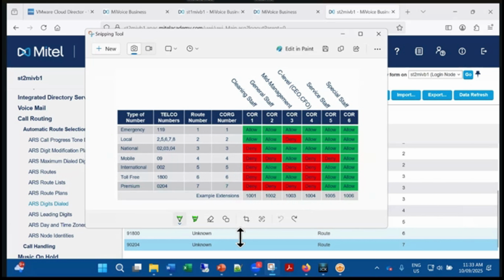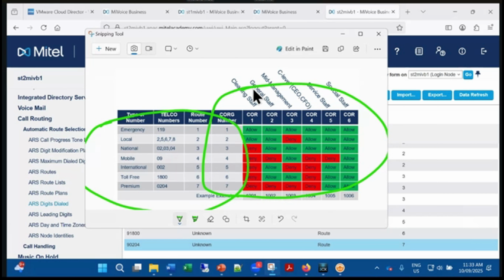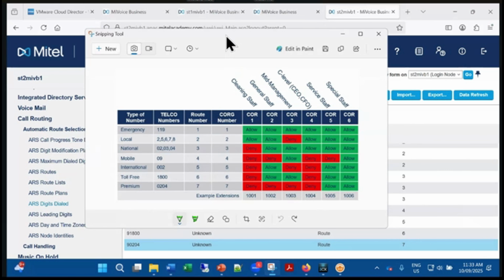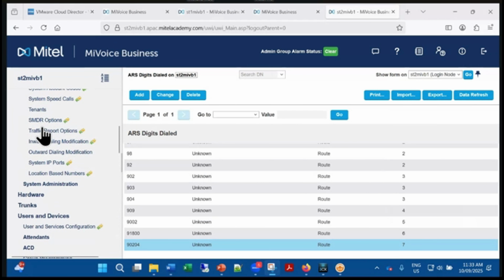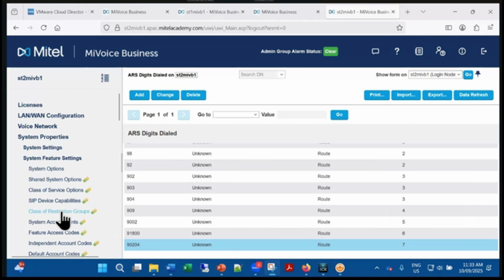Okay, so the gray part and the green and red part are linked together by the core number. Okay, core group number. So I go to the core group number, core groups.